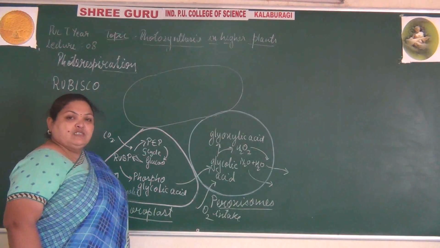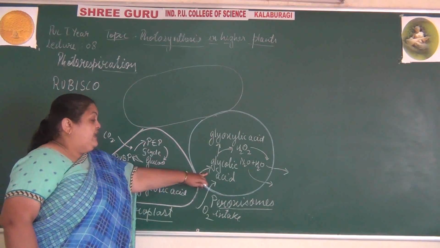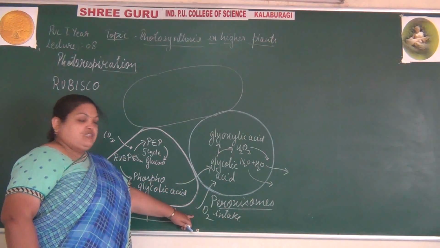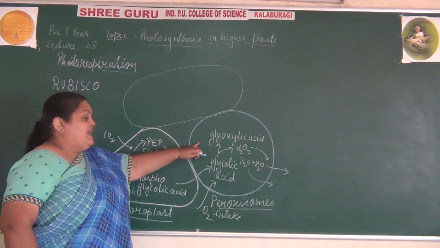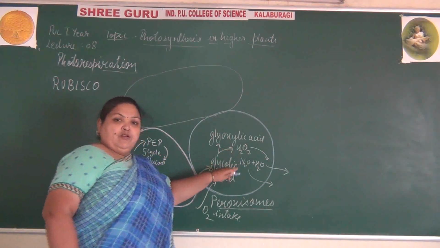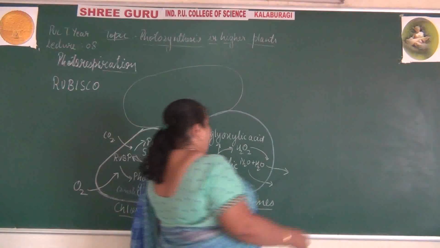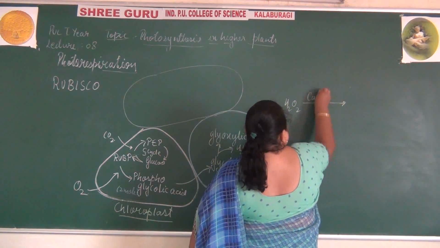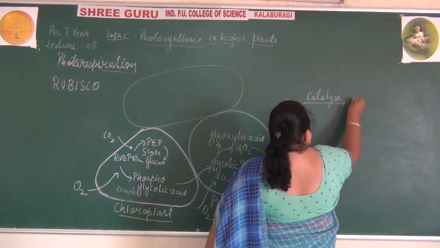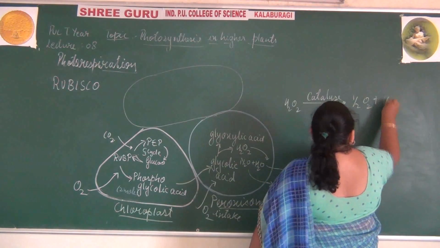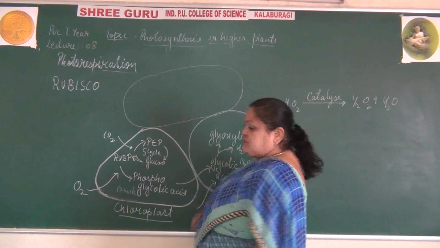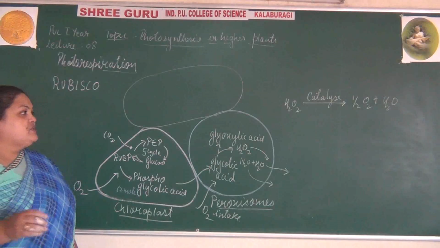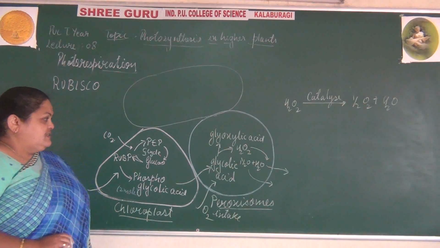So glycolic acid undergoes oxidation to form glyoxylic acid and hydrogen peroxide. With the help of the enzyme catalase, the hydrogen peroxide is converted into molecular oxygen and water, which are being released into the cytoplasm or can be retained in the cell.